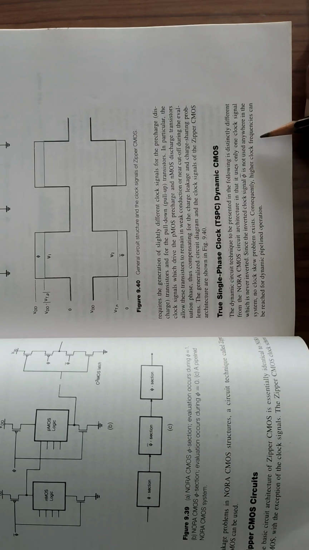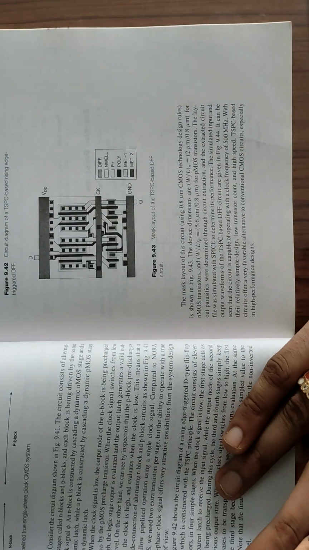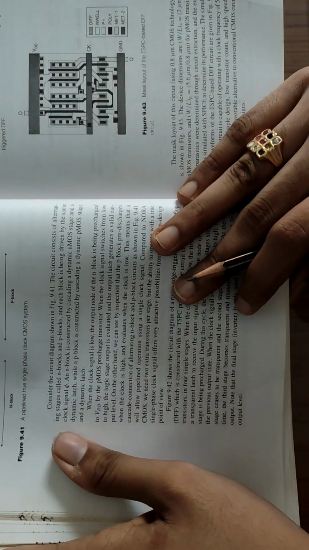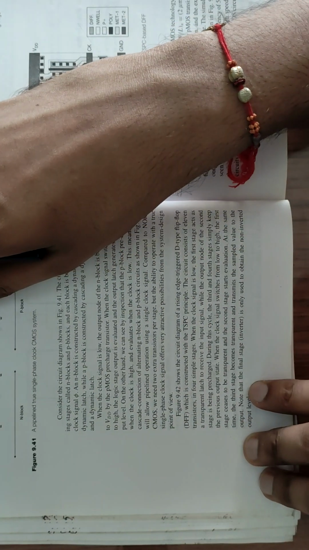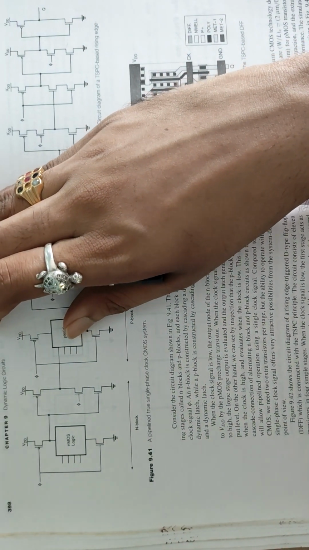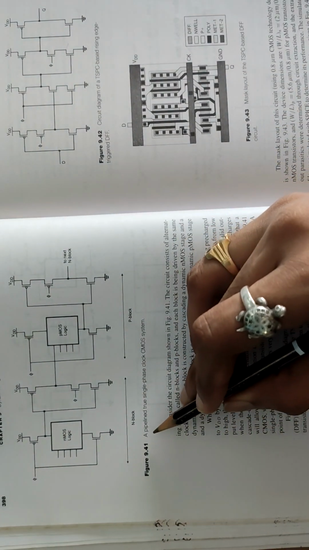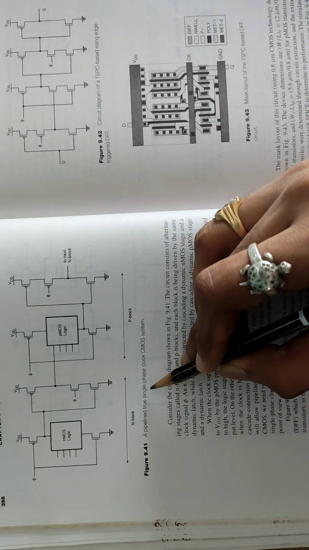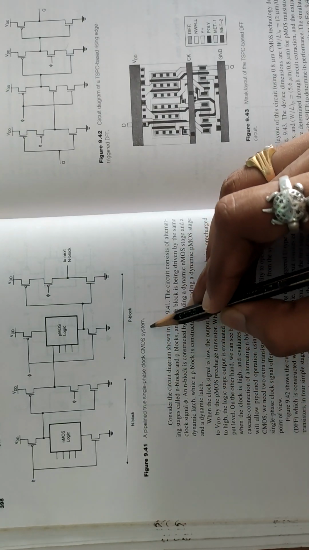Consequently, higher clock frequencies can be reached for dynamic pipeline operations. Here you can see a pipelined true single phase clock CMOS system.